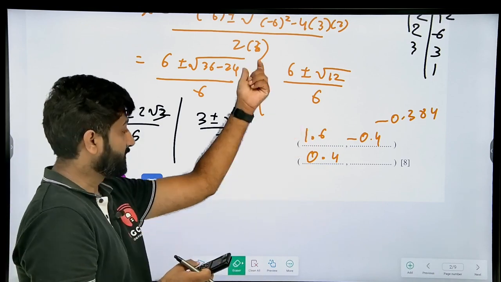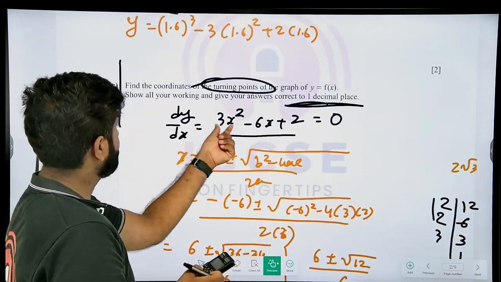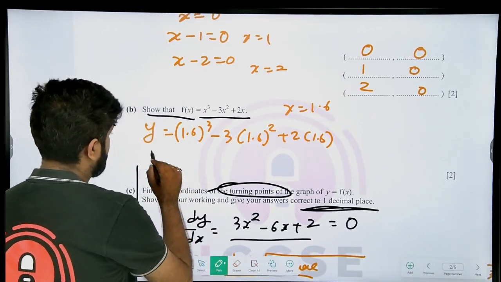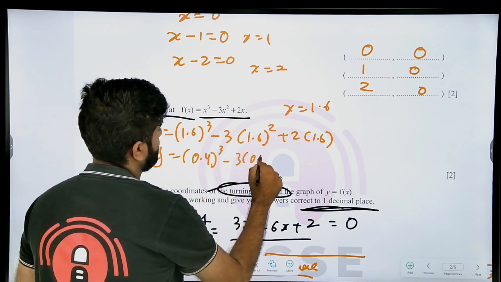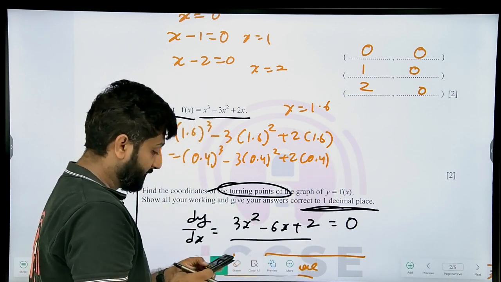In the same way, I'll substitute 0.4 in the main equation, which is this equation, so you have your value of y as 0.4³ minus 3 times 0.4² plus 2 times 0.4. So let me do that as well.